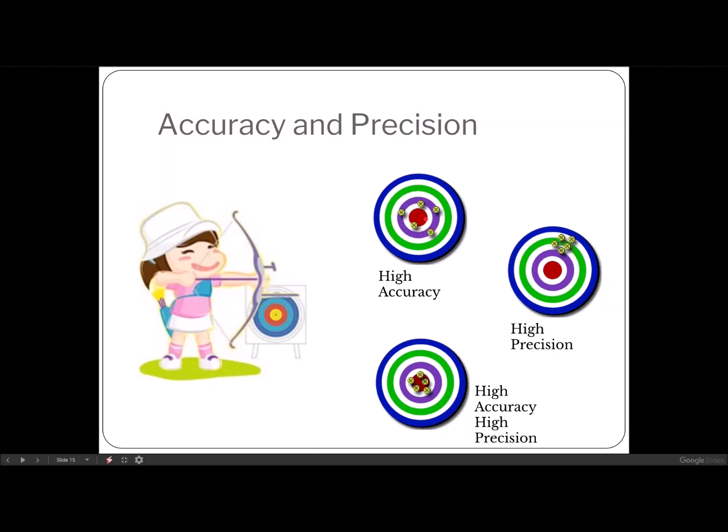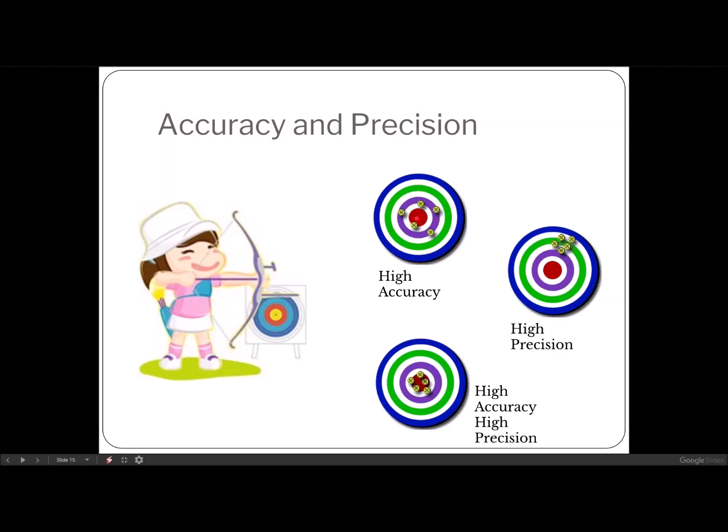It is close to the target, the bullseye. It's not exactly on the target, but she always shoots in the vicinity of the target.